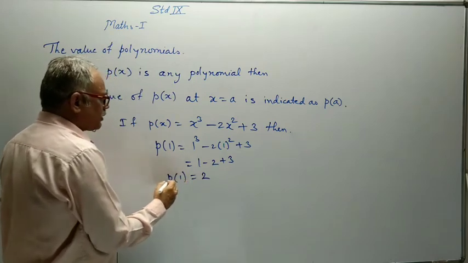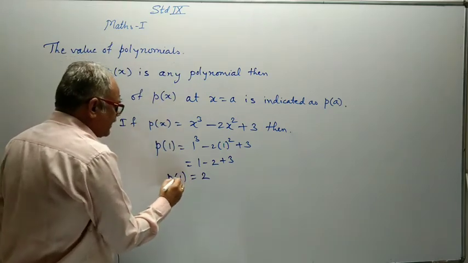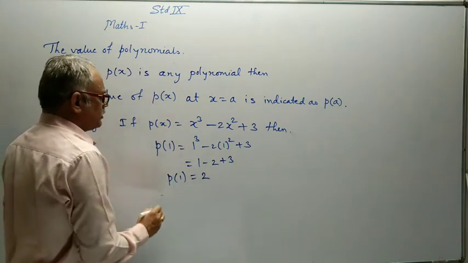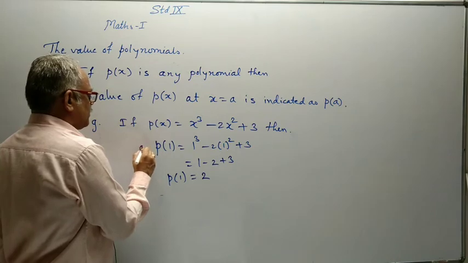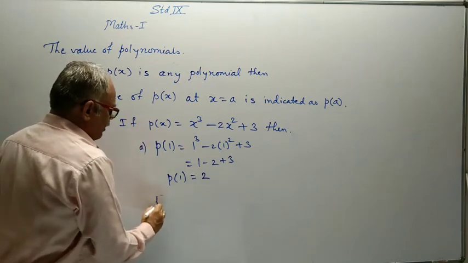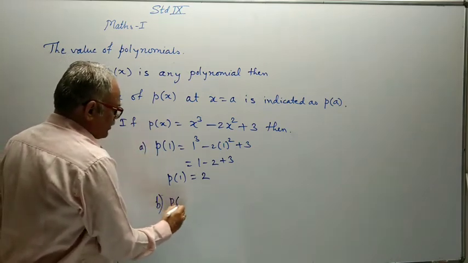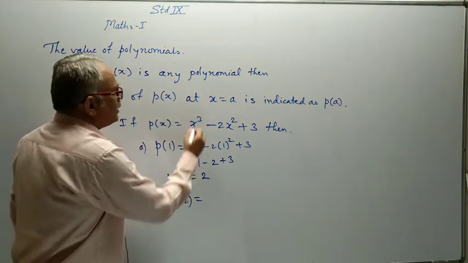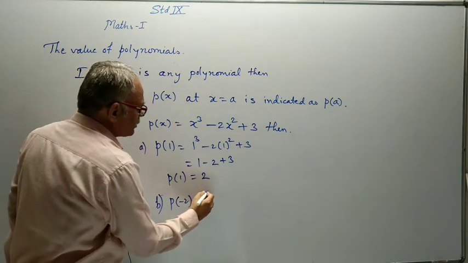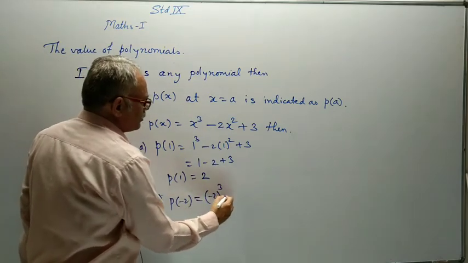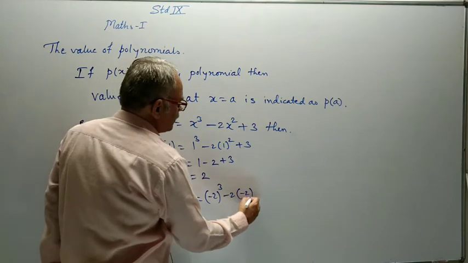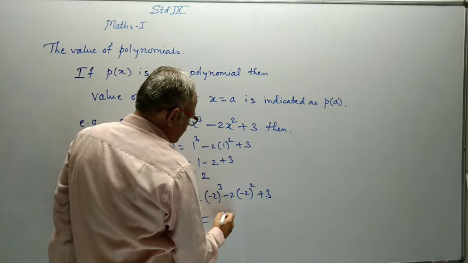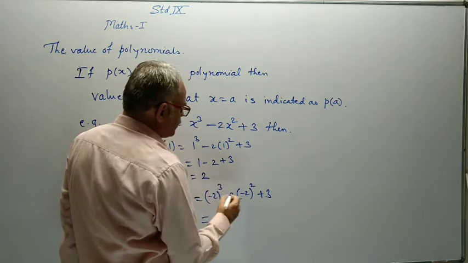P of 1 is what? Value of p of x at x equal to 1. This is one part. P of minus 2 means the value of p of x at x equal to minus 2. In place of x substitute minus 2: minus 2 cube minus 2 into minus 2 square plus 3. Minus 2 cube is minus 8, cube of a negative is negative.